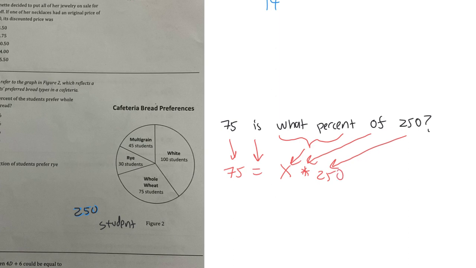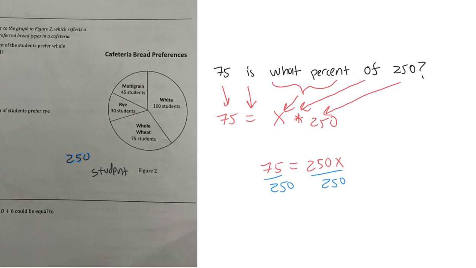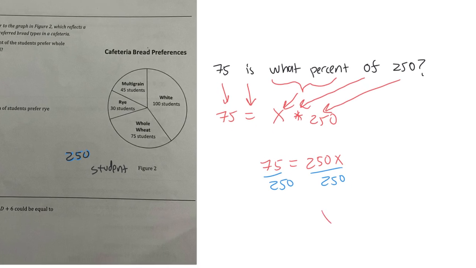So really, we just have 75 equals 250 times X, right? And all you have to do now is solve for X, which means you could divide both sides by 250. Okay. Next thing you know, you have X equals 75 divided by 250.